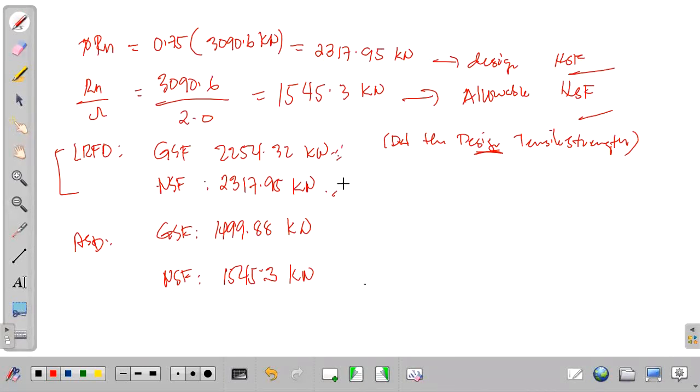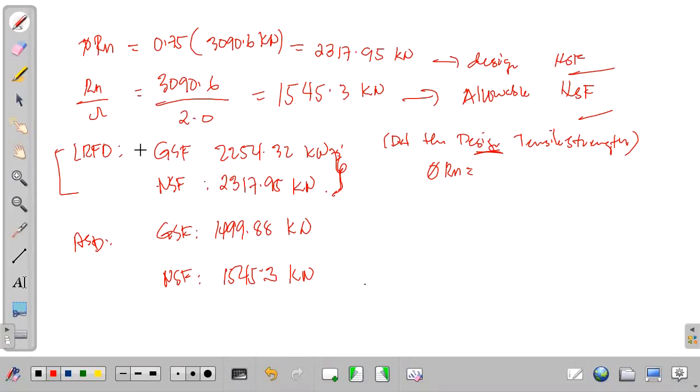So if you want to determine the design tensile strength, just have to compare the value computed against gross section and against net section. I-compare nyo itong dalawa. So ano yung mag-govern na design tensile strength natin sa dalawa? Yung 2254 or yung 2317? Siyempre, yung mag-govern is yung lesser value. Okay? Yung lesser value yung mag-govern.